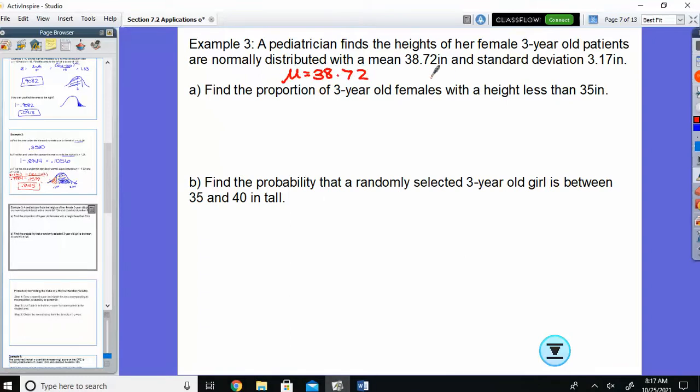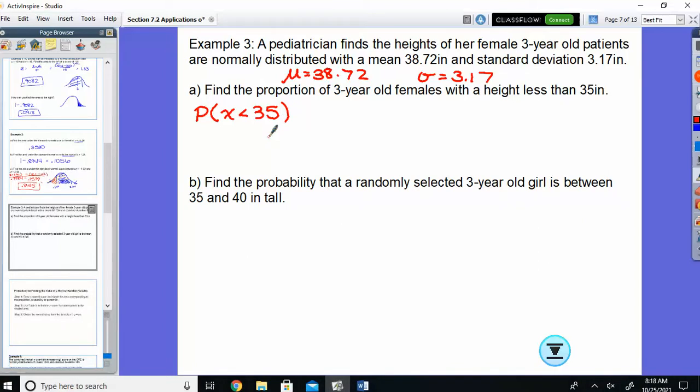So mu is 38.72 and our sigma is 3.17. I need to find the proportion of 3-year-old females with a height less than 35 inches. So we are finding the probability that your x is less than 35.